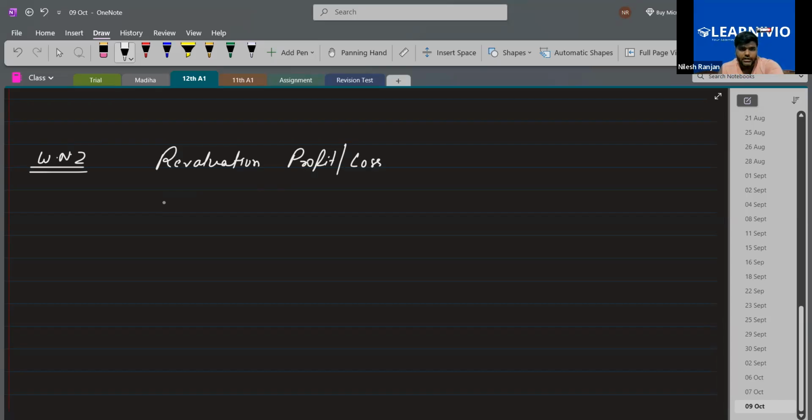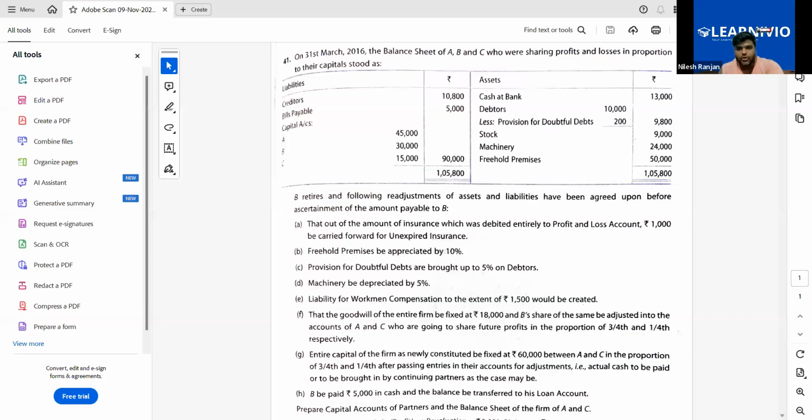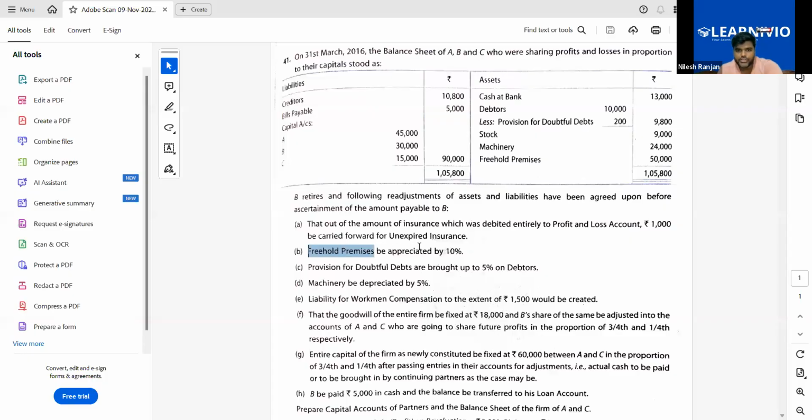First of all, there are certain items which are gains for the business. Unexpired insurance 1,000. Freehold premises be appreciated by 10%.